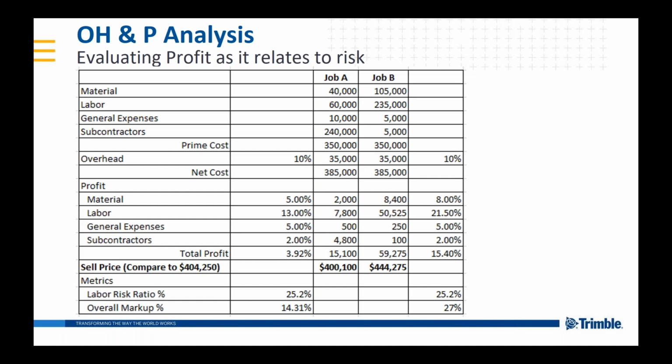Now we're going to start looking at our risk as it associates to the material, labor, general expenses, and subcontractors. So for job A versus job B, job B's material is substantially more.